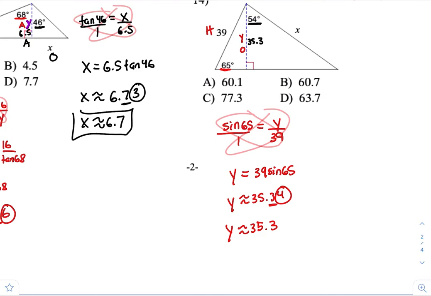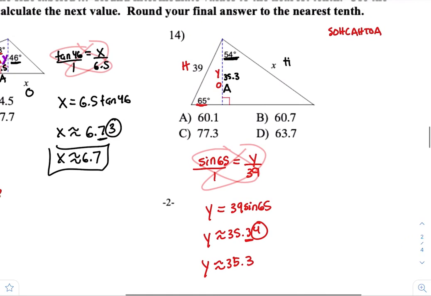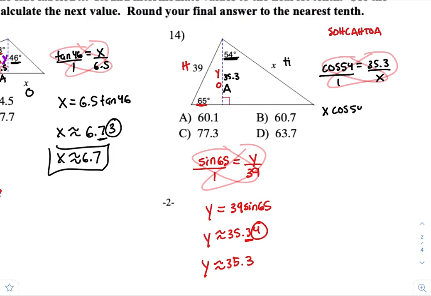So in the perspective of this angle, this side is the adjacent and this side is the hypotenuse, which is using cosine. Cosine of 54 is equal to adjacent over hypotenuse. Cross multiply. x cosine of 54 is equal to 35.3. Divide both sides by cosine of 54. Cancels.